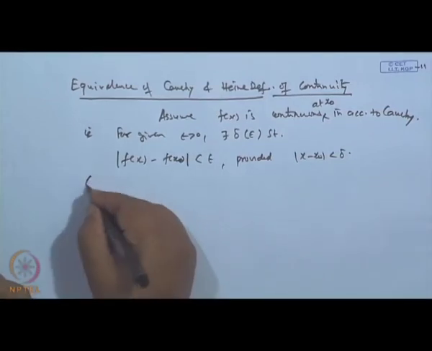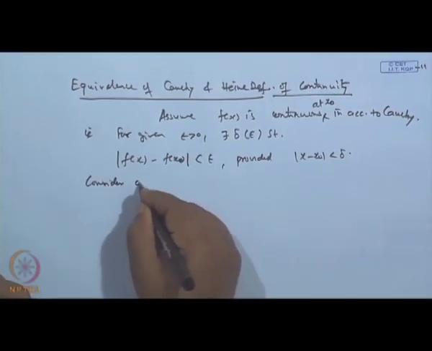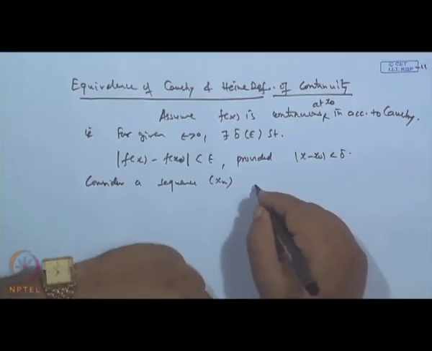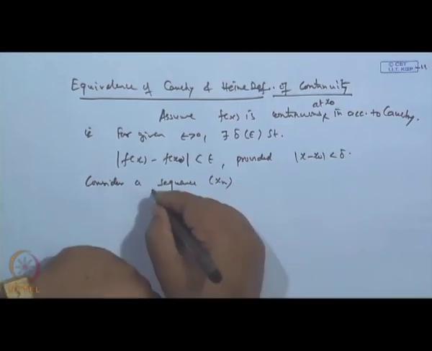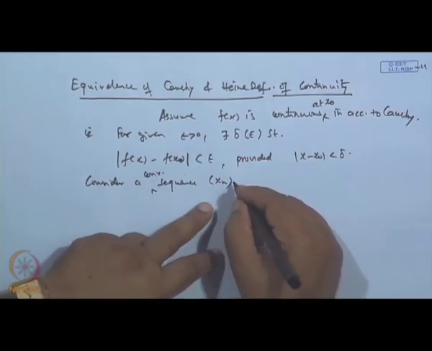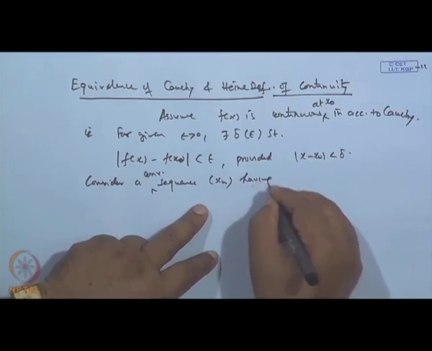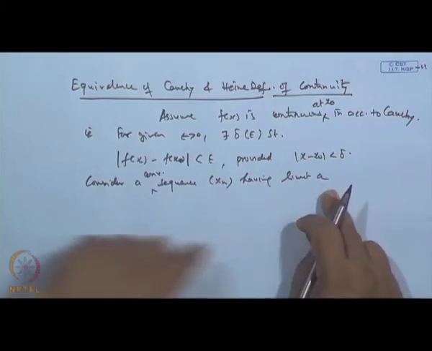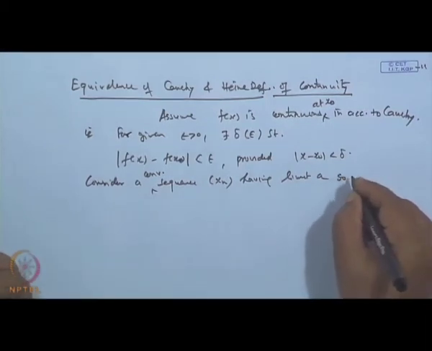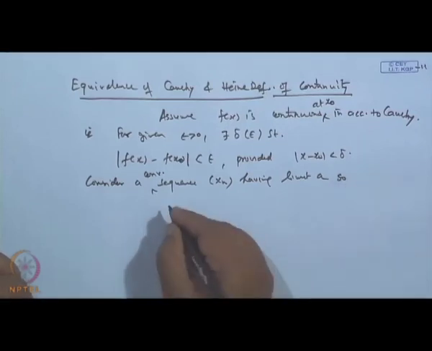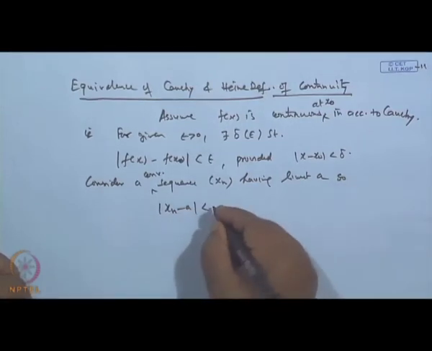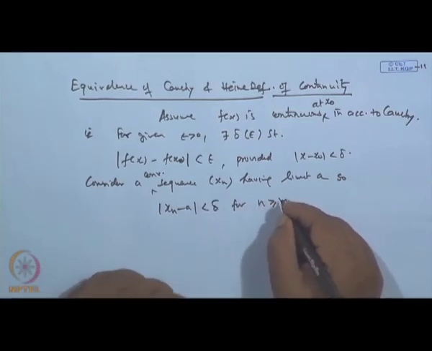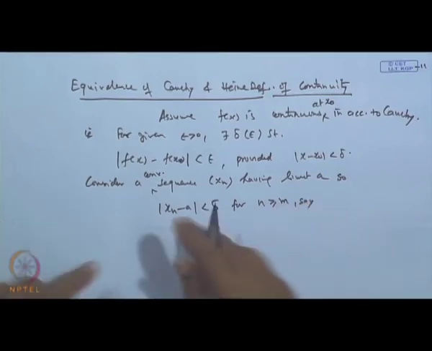Now, let us consider a convergent sequence xn having the limit a, meaning the sequence xn converges to a. So, by definition, modulus of xn minus a is less than delta for all n greater than or equal to some m, because the limit of xn is a.